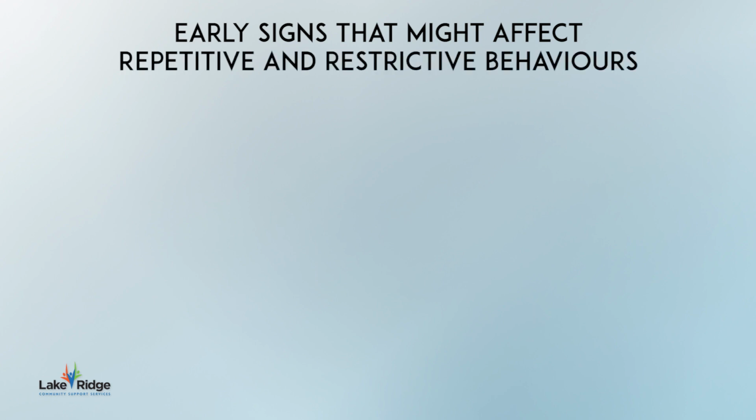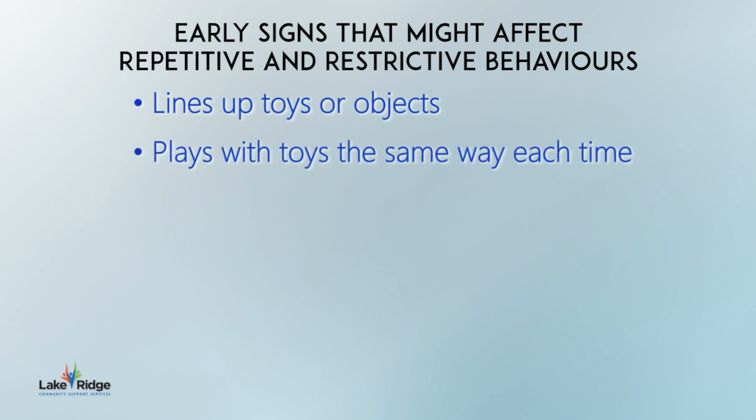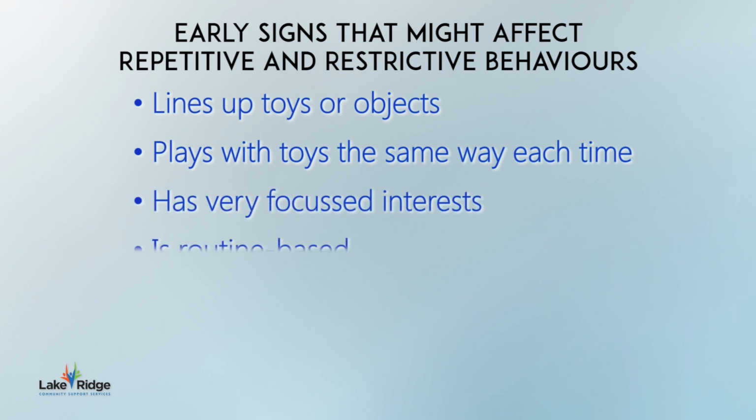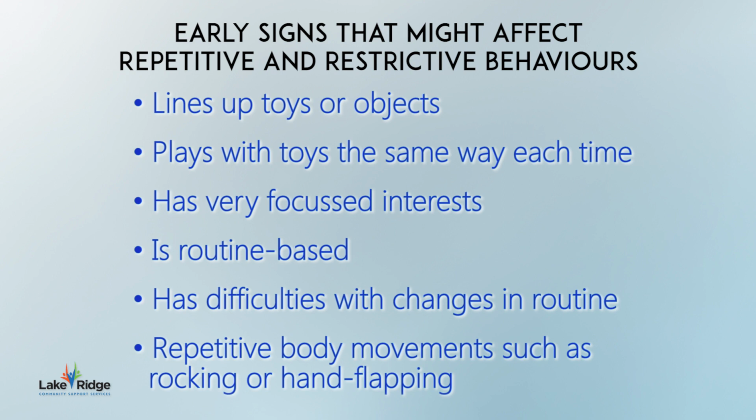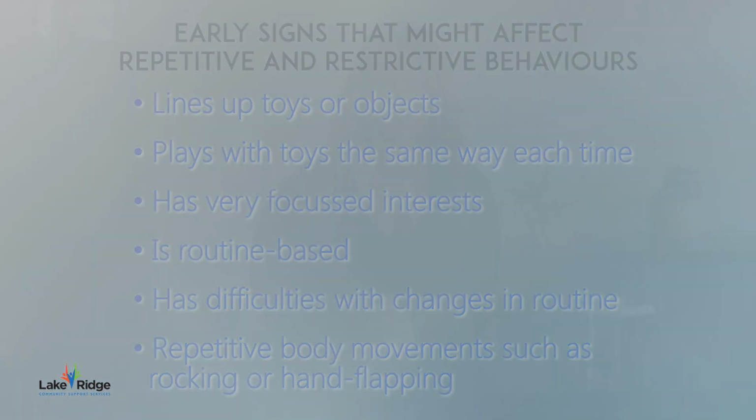Possible early signs that might affect repetitive and restrictive behaviors may include lines up toys or other objects, plays with toys the same way each time, has very focused interests, is routine-based, difficulties with changes in routine, or repetitive body movements such as rocking or hand flapping. Other signs can include sensitivity to light, sounds, and smells, short attention span, and hyperactivity.